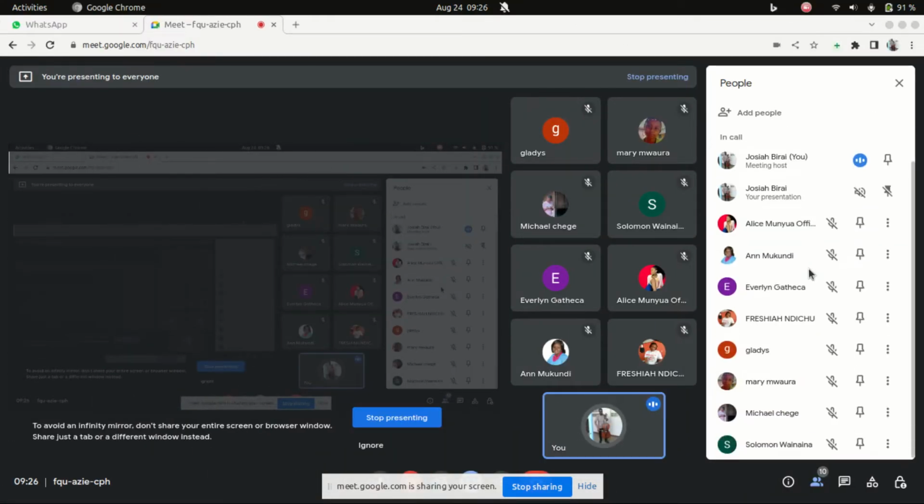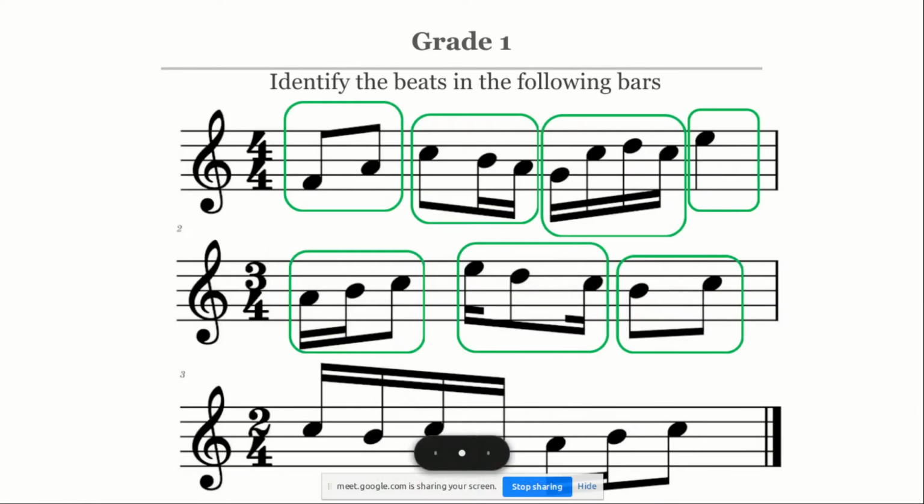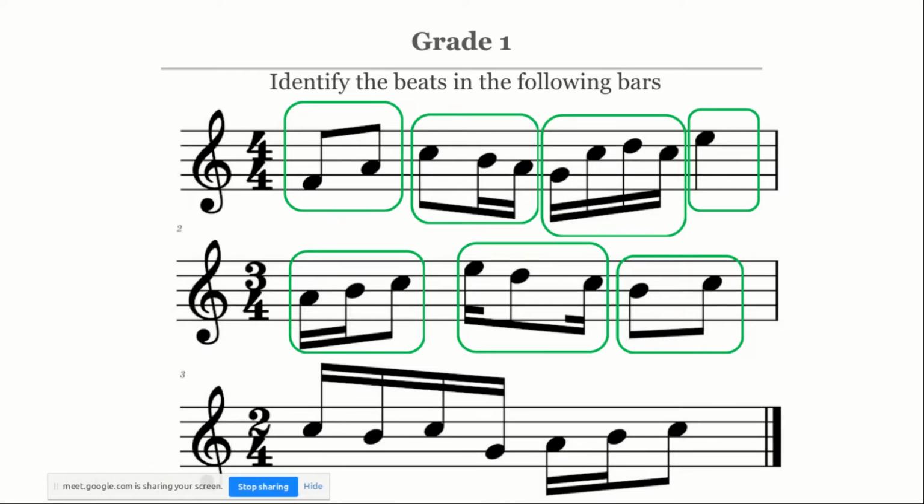I wonder if Anne Mukundi is here. Solomon Wainaina, kindly tell us how many beats you see in the last one below. I hope it's clear on your screens. Solomon, are you there? How many beats?